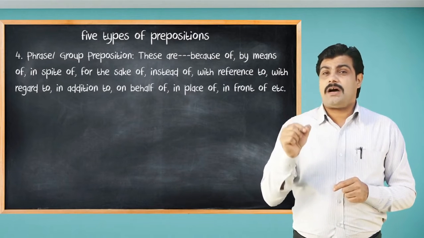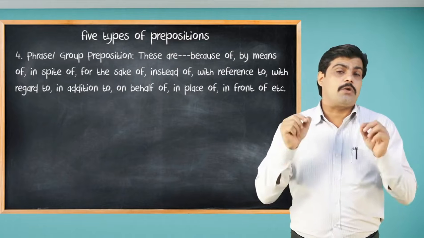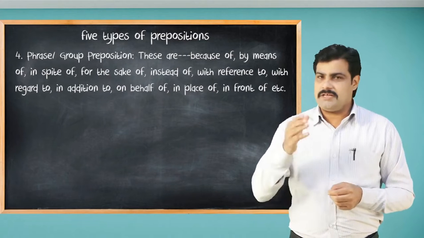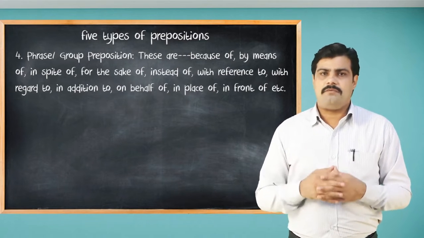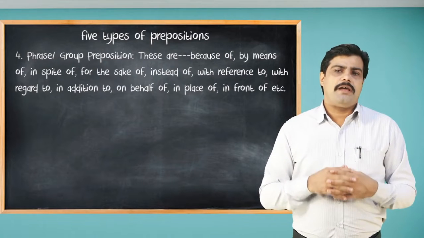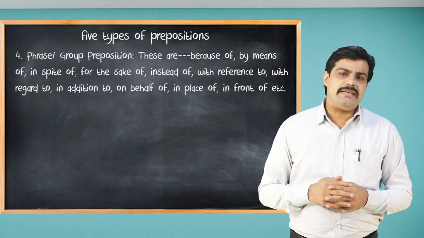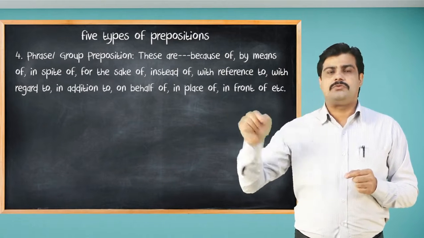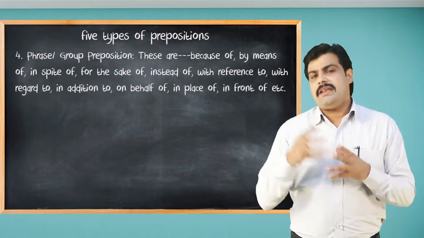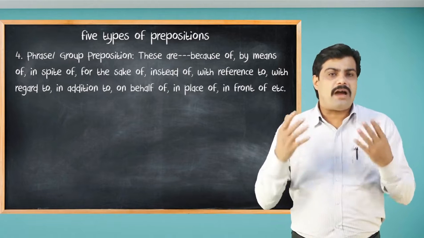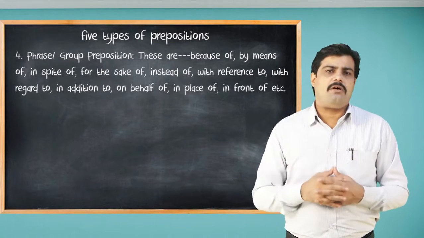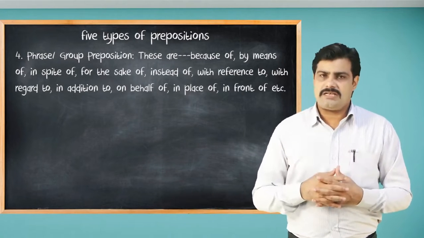These prepositions are also known as group prepositions. These are because of, by means of, in spite of, for the sake of, instead of, with reference to, with regard to, in addition to, on behalf of, in place of, in front of, etc.